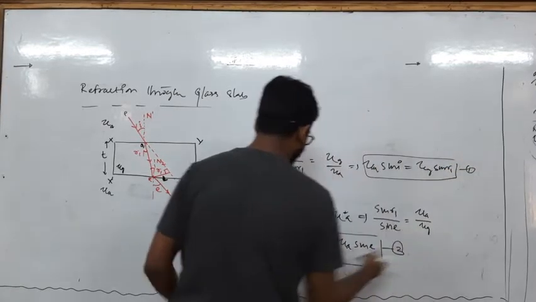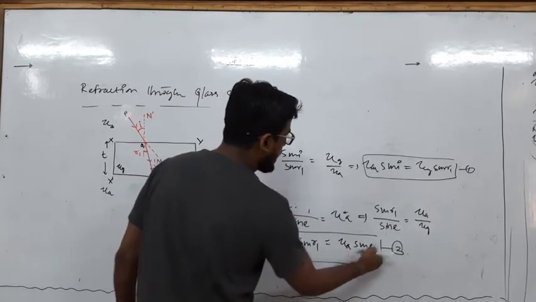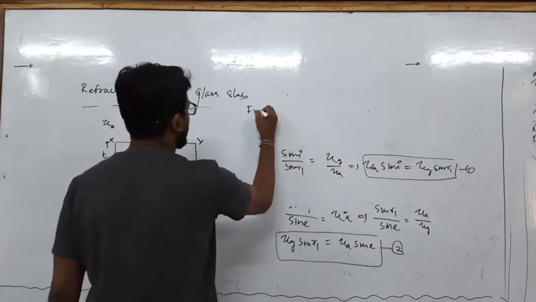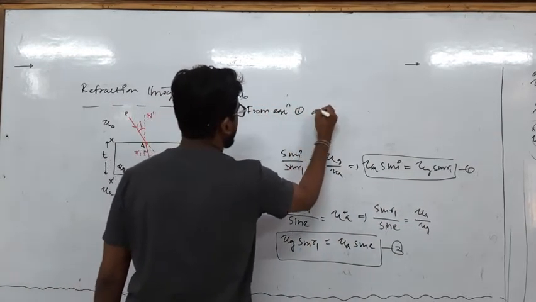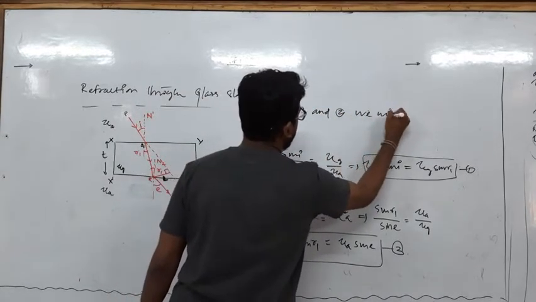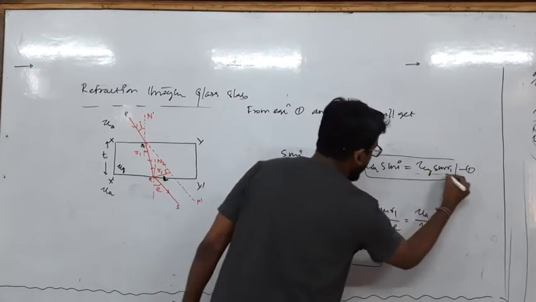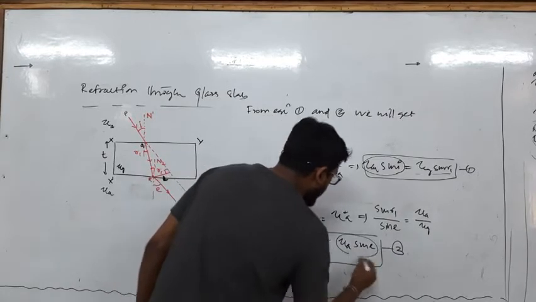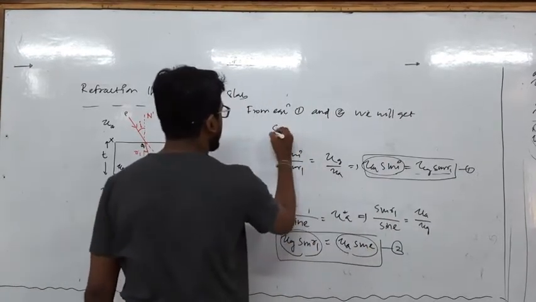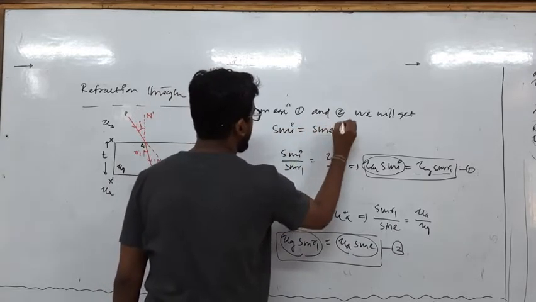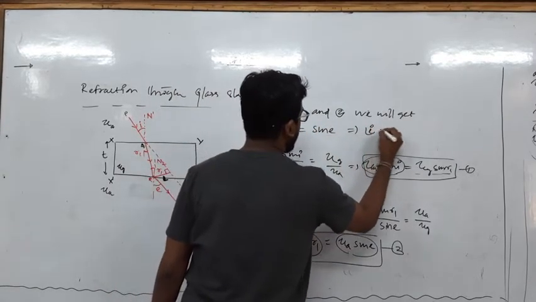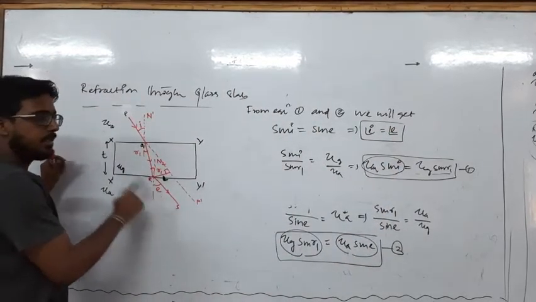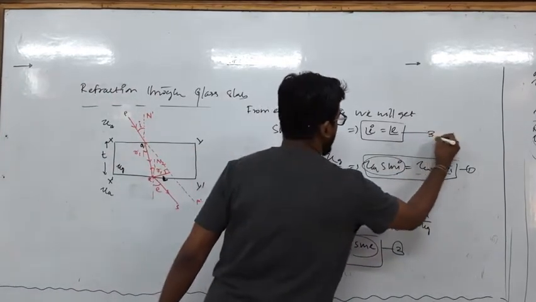So from equation 1 and 2, here mu G sin R1 equal to mu A sin E, and here mu G sin R1 equal to mu A sin I. So from equation 1 and 2 we will get sin I is equal to sin E. So this implies we get angle I equal to angle E, that is, incident angle will be equal to emergent angle. Clear? You have to remember this point as equation 3.